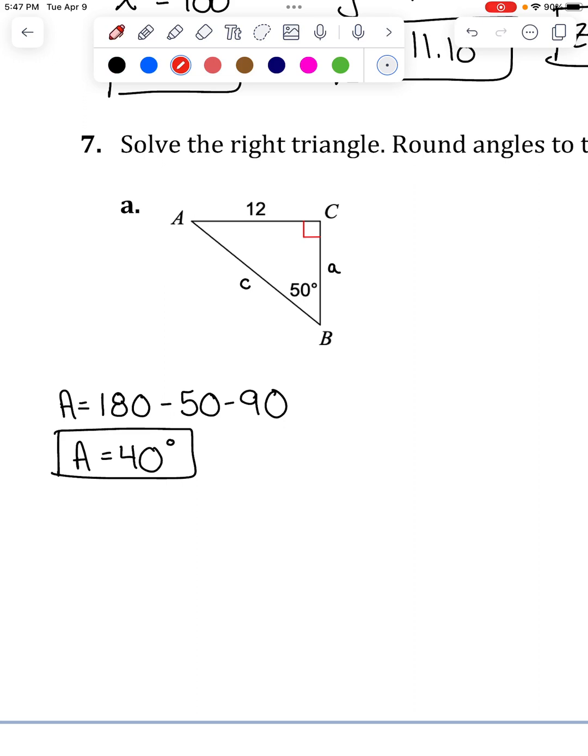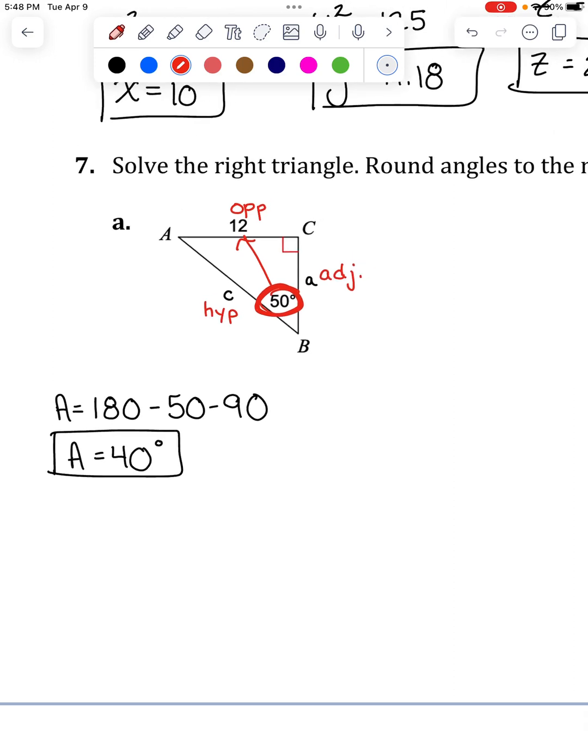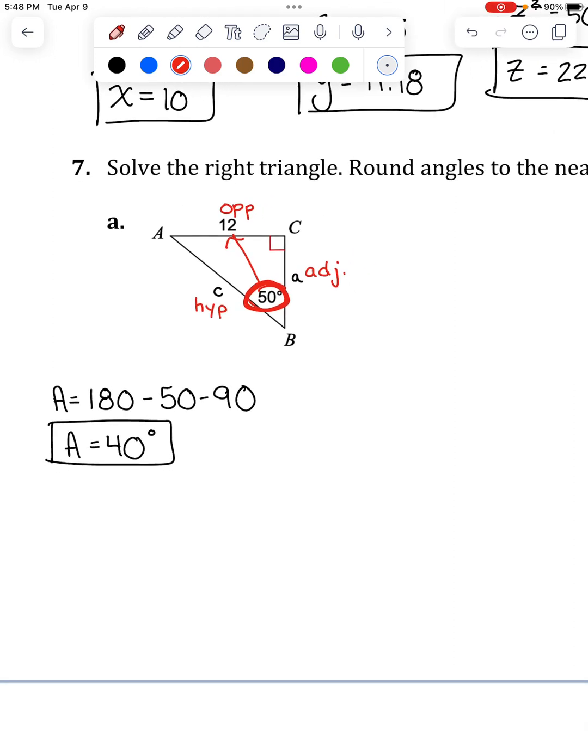Next thing I'm going to do is solve for my side lengths. I'm going to solve for side length A. Now, to do that, I'm going to use trig. I'm going to focus in on this angle. This is the opposite. This is the adjacent. This is the hypotenuse. The hypotenuse I don't know.